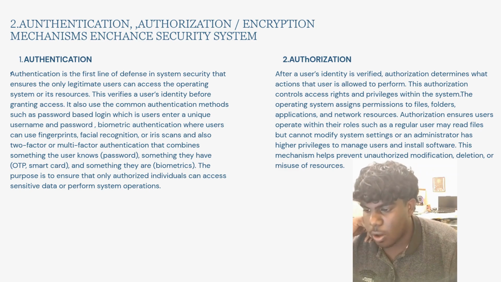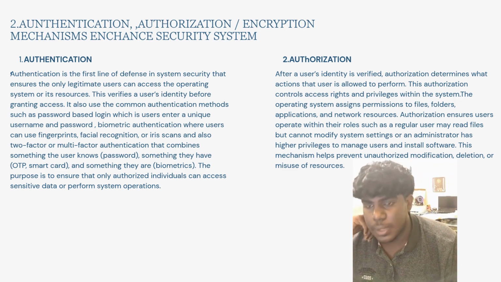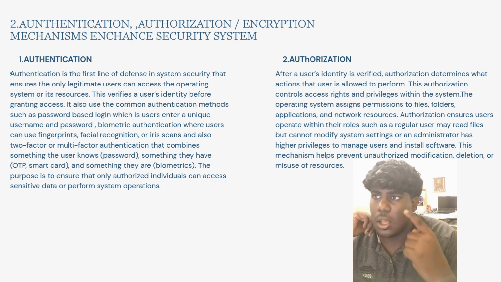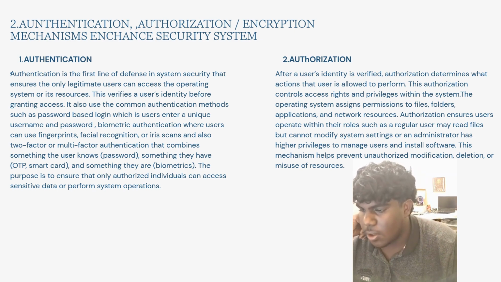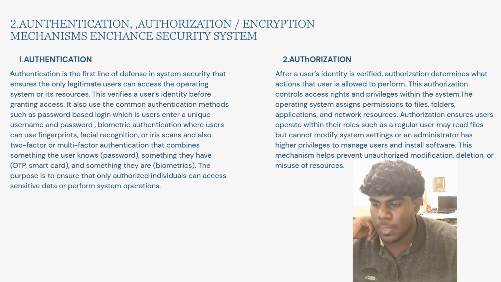It also uses common authentication methods such as password-based login, where the user enters a unique username and password, and biometric authentication, where users can use fingerprints, facial recognition, or iris scan, which is our eyes, and also two-factor or multi-factor authentication that combines something the user knows, such as a password.